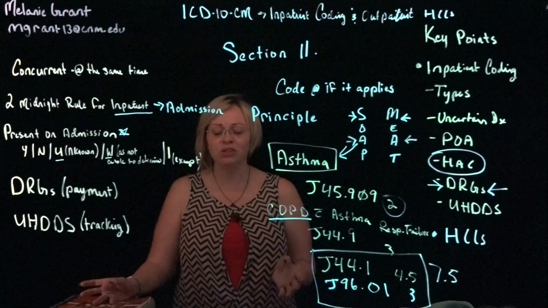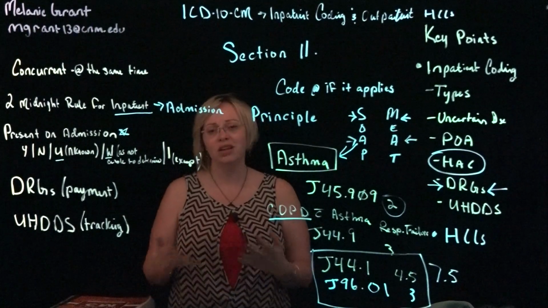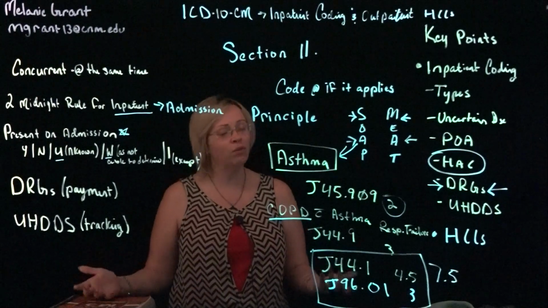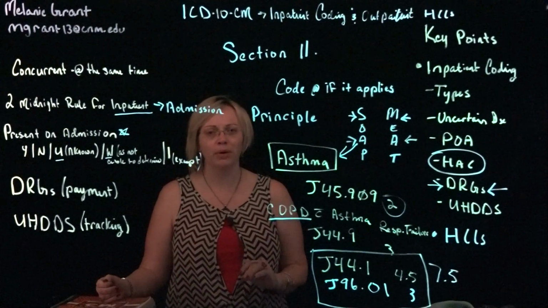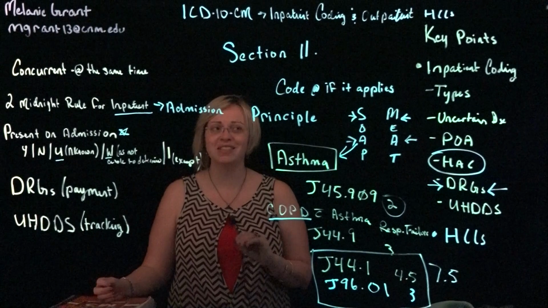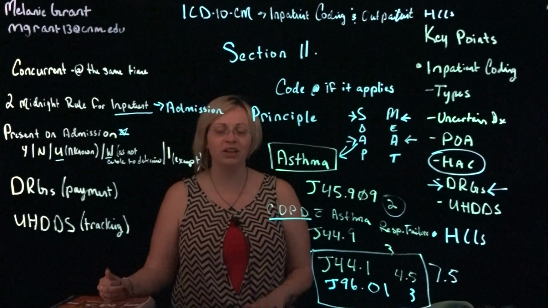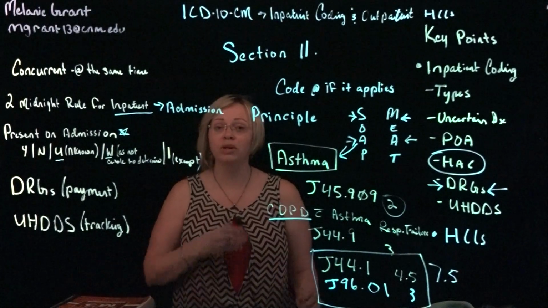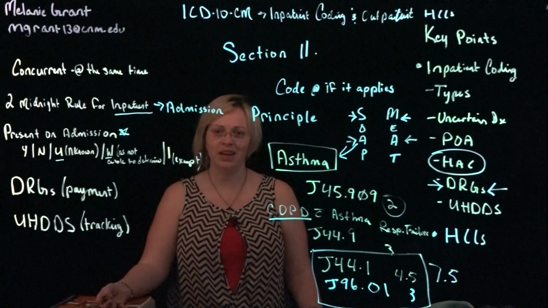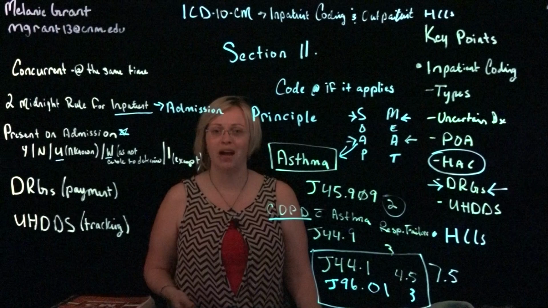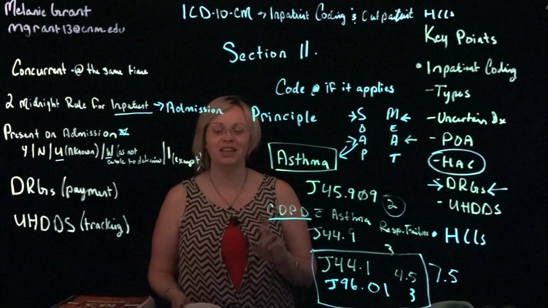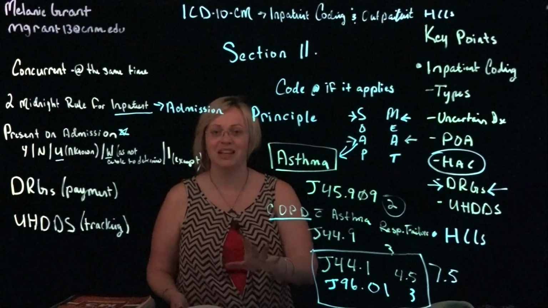So keep that in mind as you're looking at your diagnoses codes, not just this week, but every week as we go forward. And always remember our golden rule: if it's not documented, it didn't happen. But in the inpatient world, if we suspect it, we're going to do all the treatment as if it did. And so we code it as if it did happen, so long as it's documented that it's suspected.